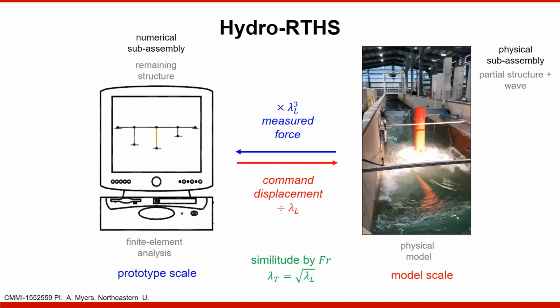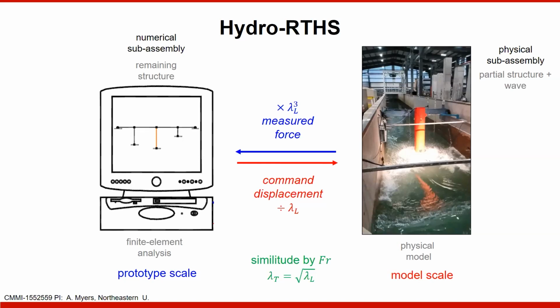You want the governing forces to match between your full-scale numerical model and your small-scale physical experiment, and to get those forces to match, there's a time component. So you have to make sure your numerical model runs fast enough to keep up with the small time scale of the physical loading in your experiment. There's a need for speed, and that's where the real-time part of real-time hybrid simulation comes into play.